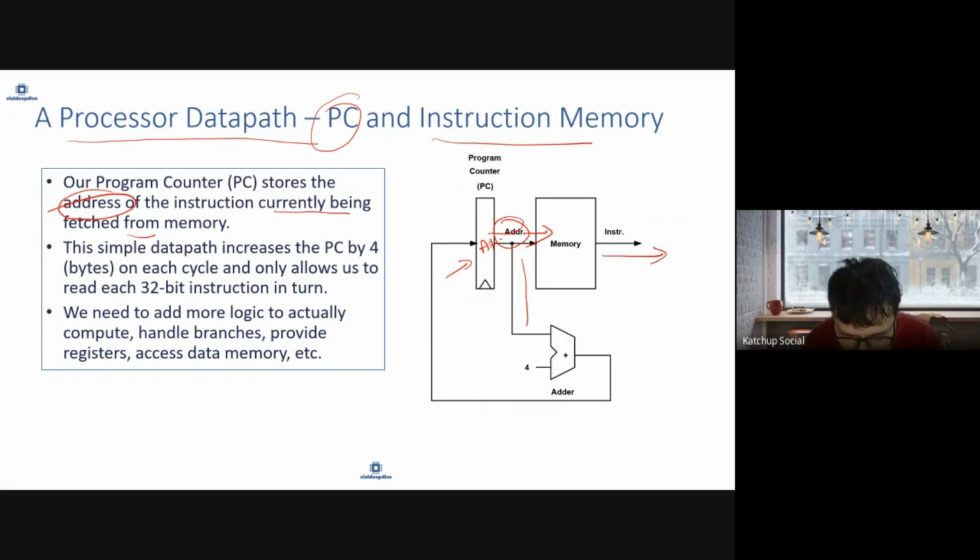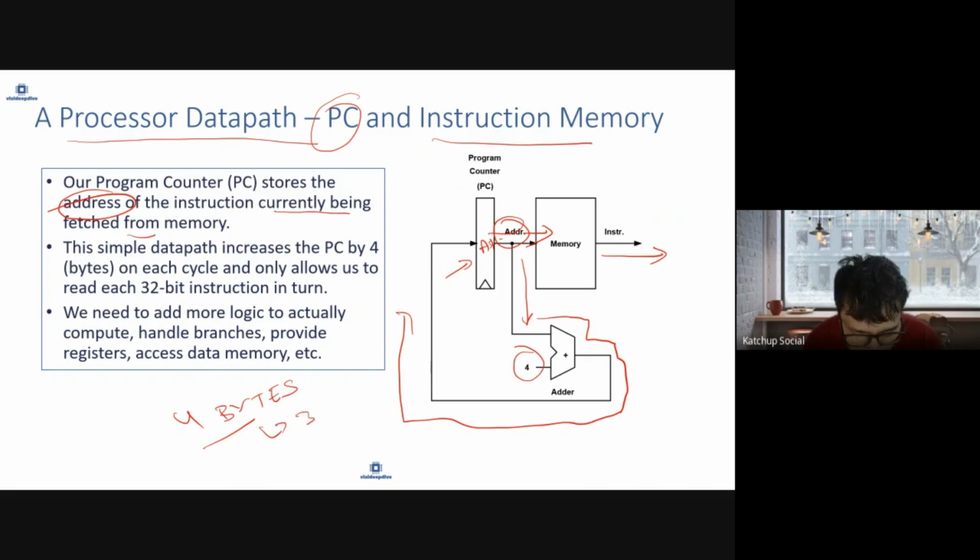Now once that is done, you will increase the address by 4, which is 4 bytes, which is basically 32 bits. So you will go to the next program counter value, the next address value for our memory, as we said, right?